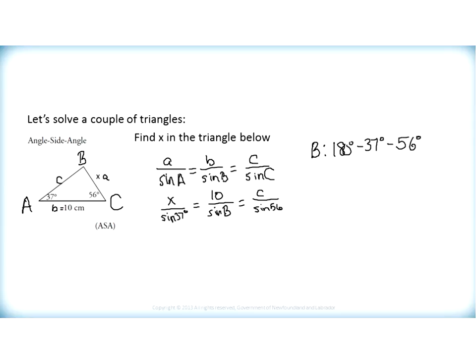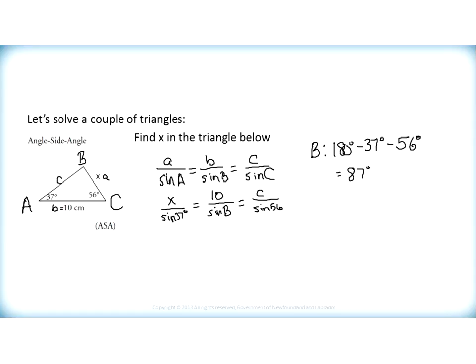So 180 degrees minus 37 degrees minus 56 degrees. And that gives me a total value for angle B of 87 degrees.